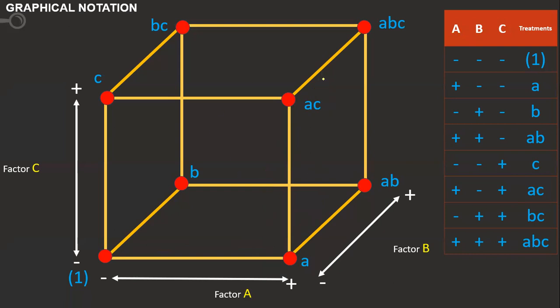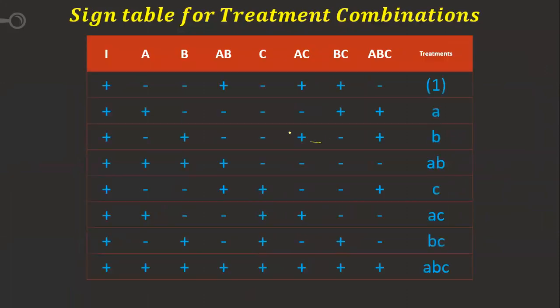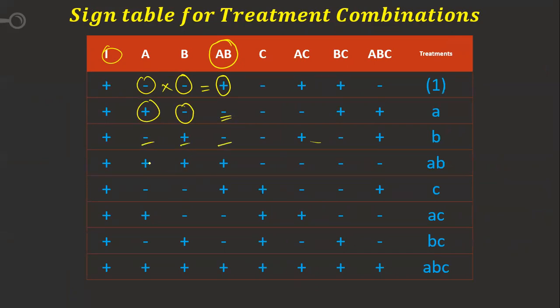Now how do we note it down in the table? The sign table for treatment combinations is given already. Now this is the interaction column. A we already know, B we know. How do we do it for AB? Remember old mathematics: minus into minus gives plus, plus into minus gives minus, minus into plus gives minus, plus into plus gives plus.